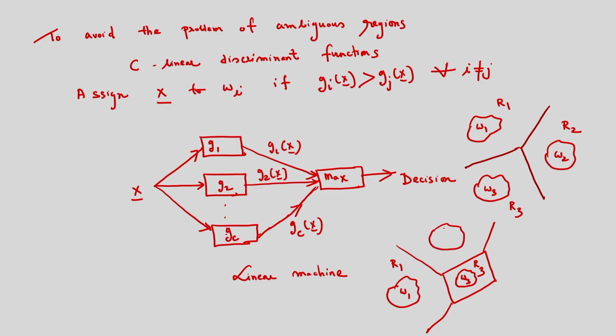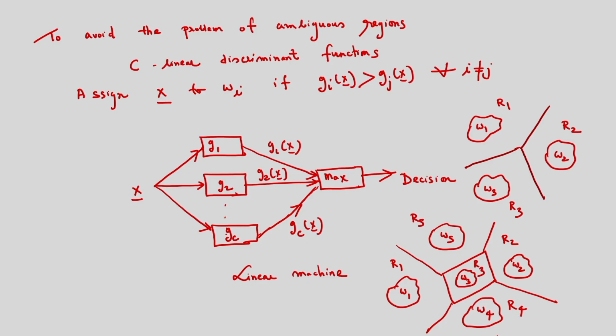This is omega 5 and corresponding region is R5. This is region R2, and suppose the class is omega 2. This is the class omega 4 and corresponding region is R4.